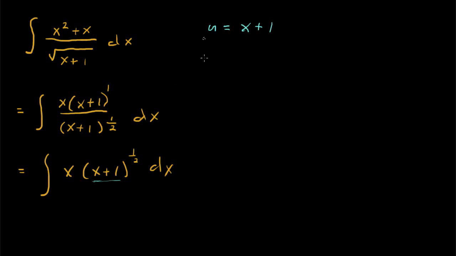Okay, and so then what if I took the derivative on both sides of the equal sign? So I would have du equals 1 dx, or du equals dx. So I'll be able to substitute in place of dx. I can just put in du. But what about, we also have an x in there.